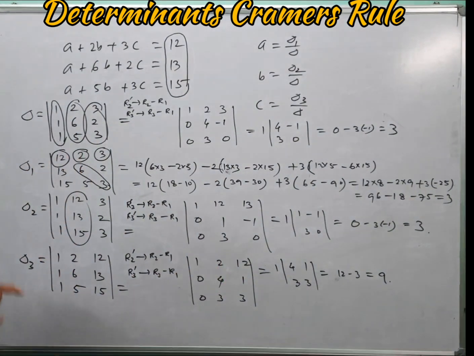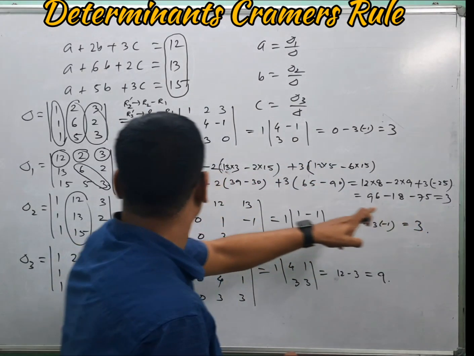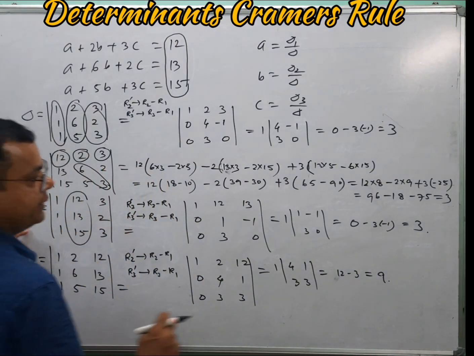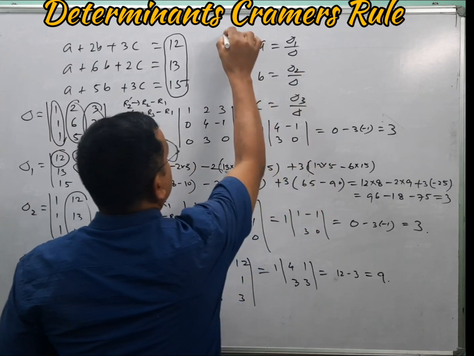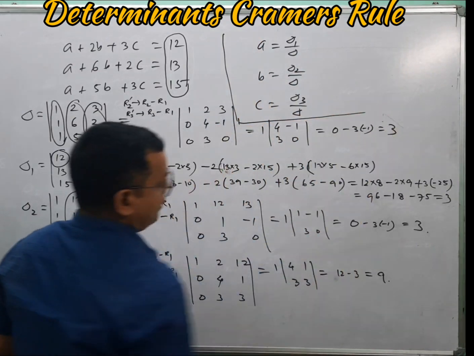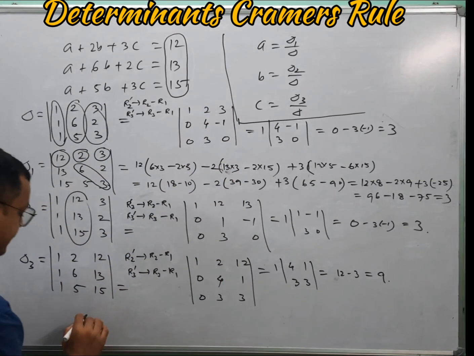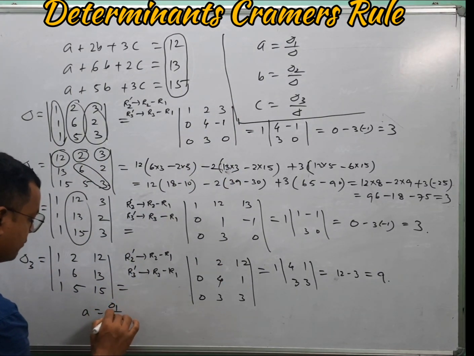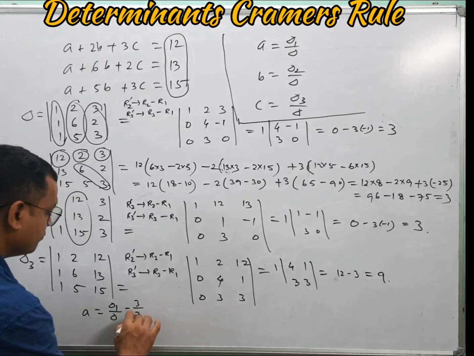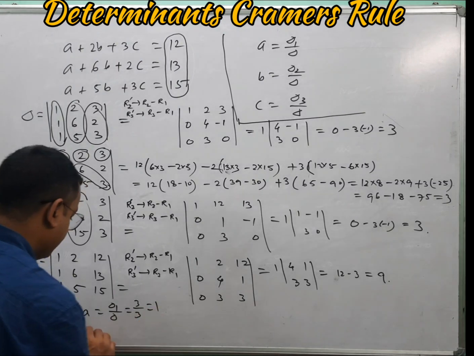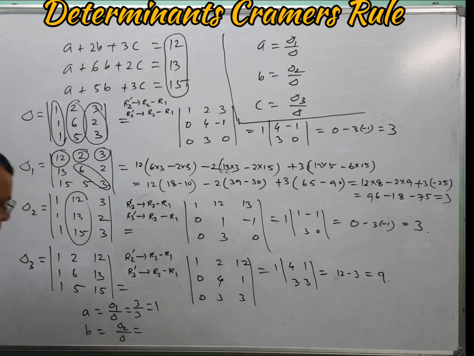Now, we got delta value is 3, delta 1 is 3, delta 2 is 3, delta 3 is 9. So according to that, if I apply this formula, what are you getting? A equals delta 1 by delta. That means delta 1 we got 3, so 3 by 3 equals 1. And B equals, of course, delta 2 by delta.